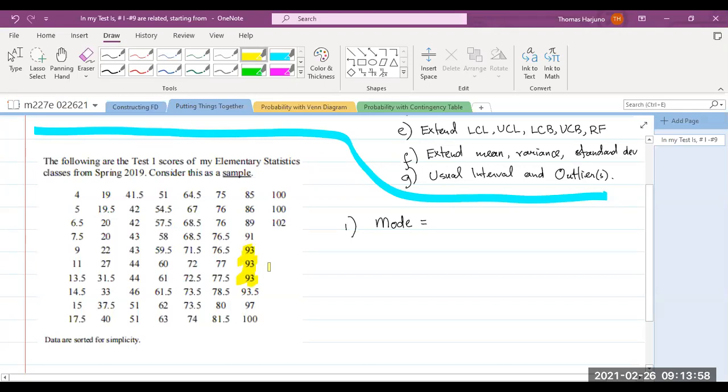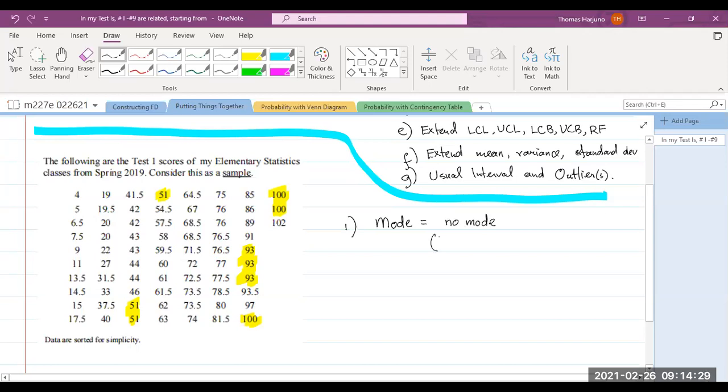Oh, no, 93 and 100, actually. Wow, I almost missed it. And 51, wow, 51 happened 3 times also. So what's the mode? Because we have 3 modes, in my class I say if you have 3 modes, you say no mode.